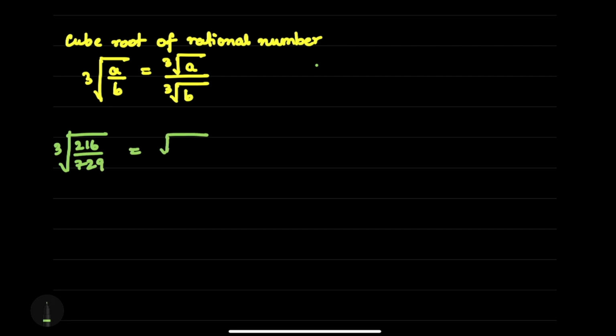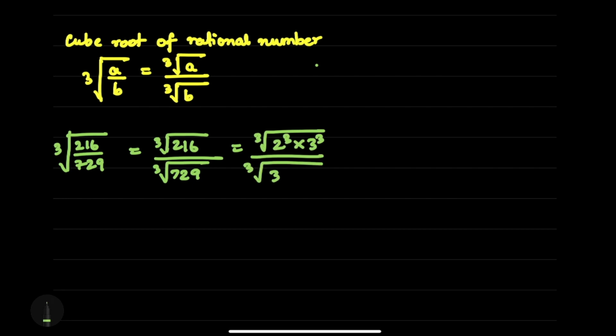So we can also write this down as cube root of 216 divided by cube root of 729. And we know through prime factorization, this is cube root of 2 cube into 3 cube, and 729 is 3 cube into 3 cube. And this comes out to be 2 into 3 divided by 3 into 3, and we can simplify this as 2 by 3.